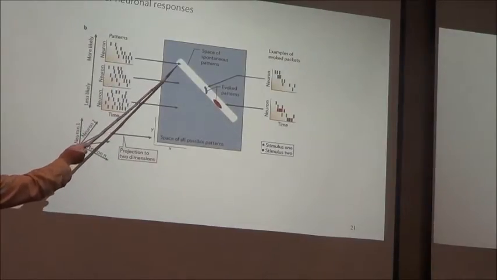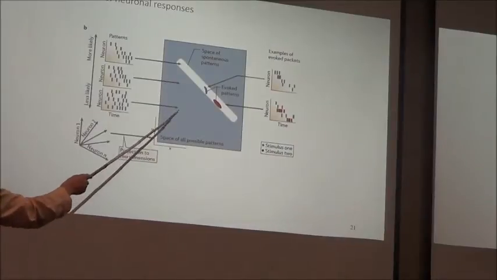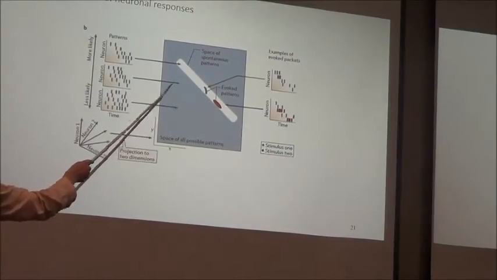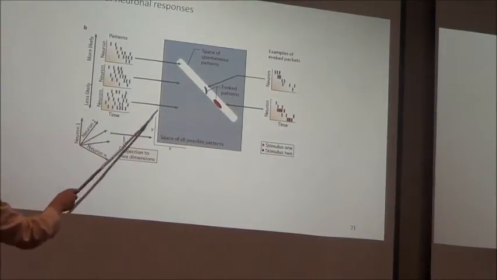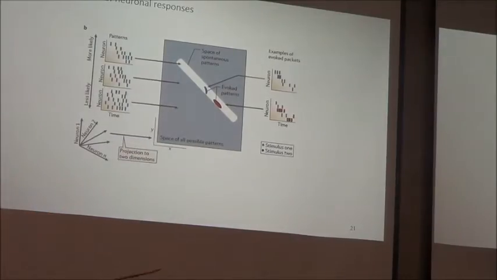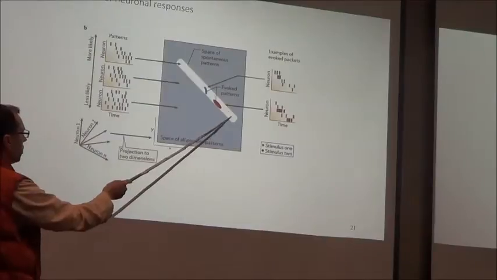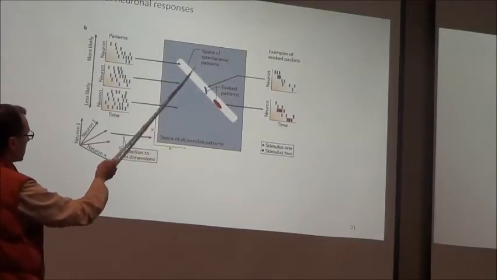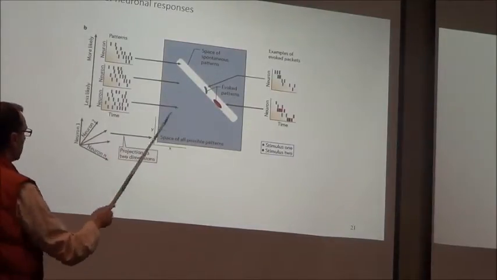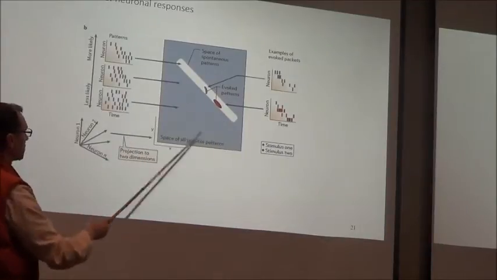So for example, here is a sequential pattern, here is a kind of sequential one, here is a completely random pattern. When we look at the spontaneous activity, we see only a specific subset of patterns observed. Not all possible patterns, but only some subset.